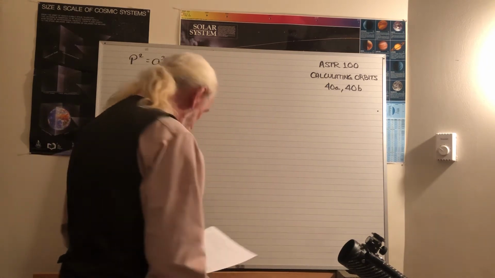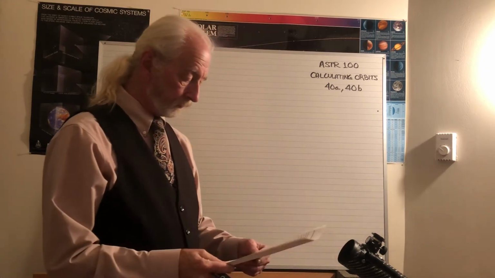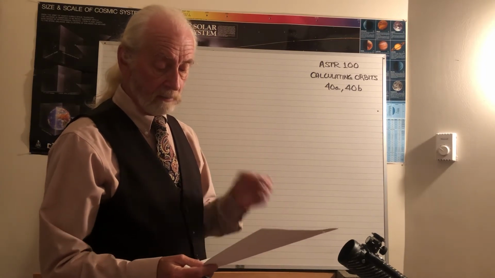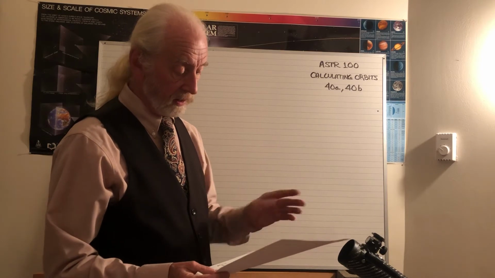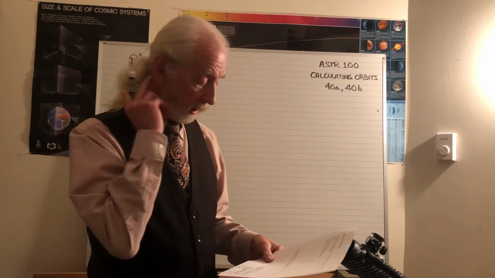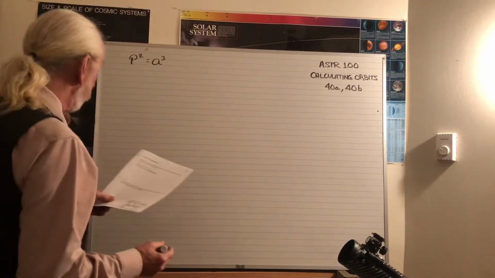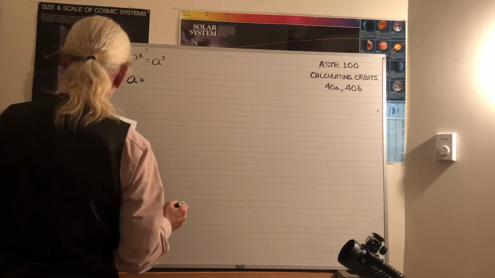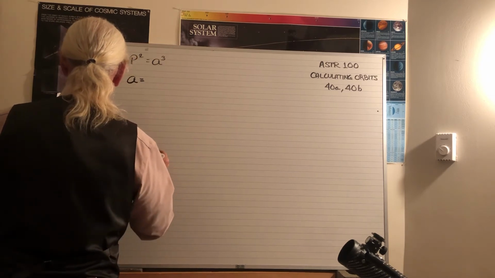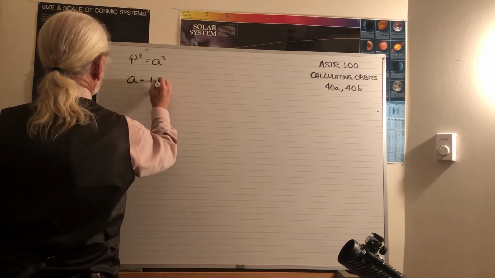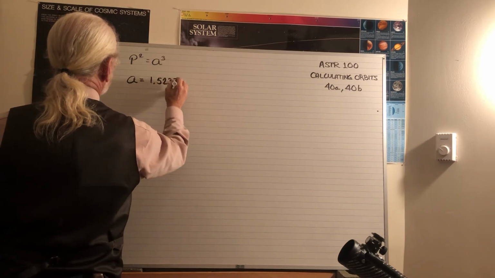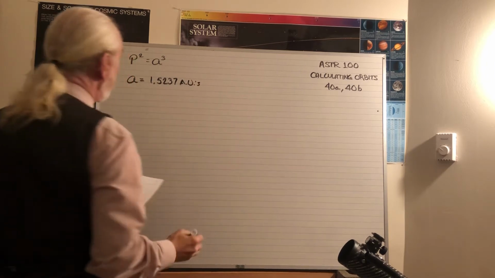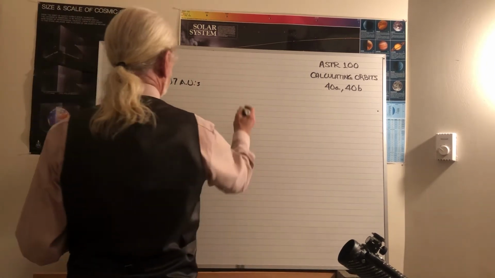Example number 2. Using Kepler's third law, let's determine the period of Mars' orbit based on its mean or average distance from the Sun. And the data we will use is a equals 1.5237 AUs. So again, we set up our equation.